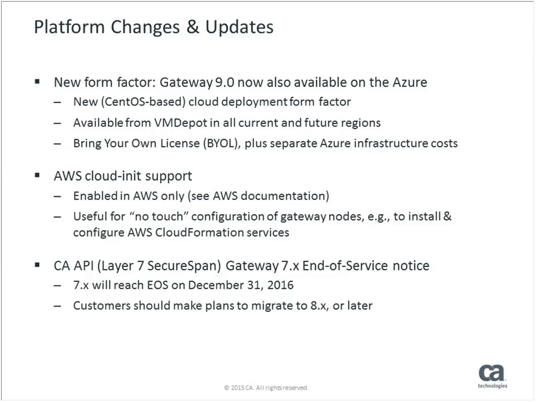The actual end of service date will be the end of next calendar year, December 31st of 2016. So for customers that are still on the 7X gateways, please work with your account team and start making plans to migrate to a later release, either 8X or maybe consider 9.0 as well.